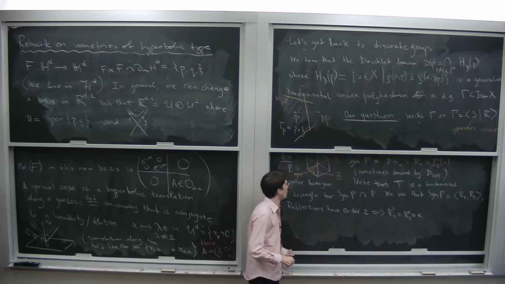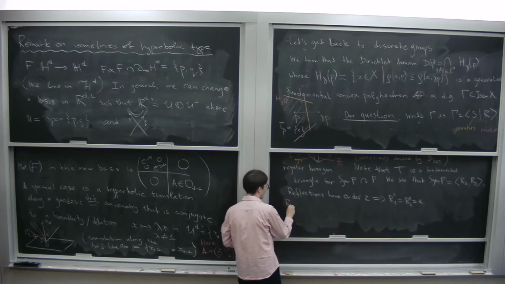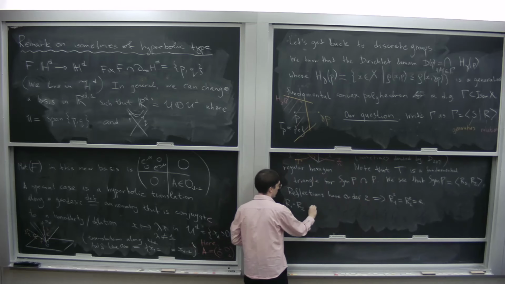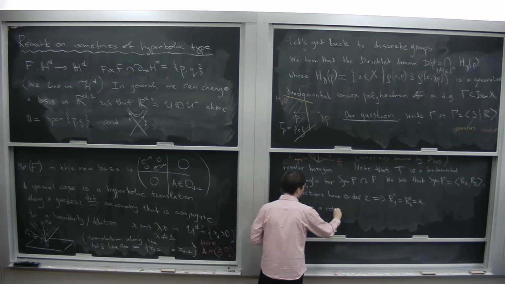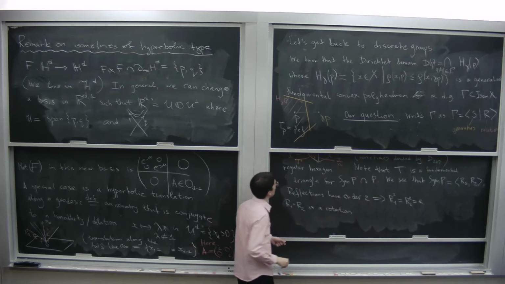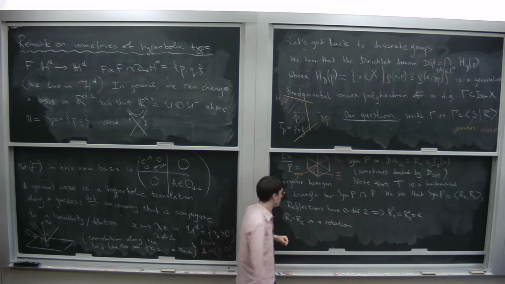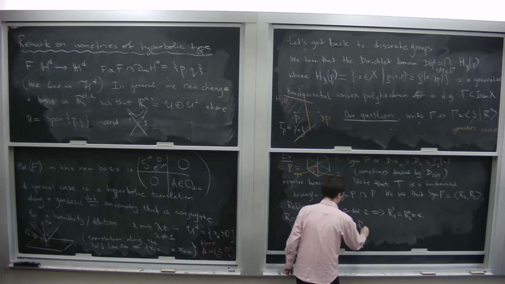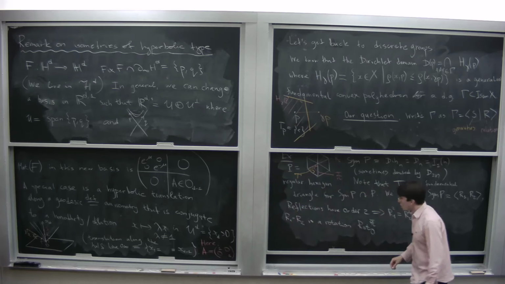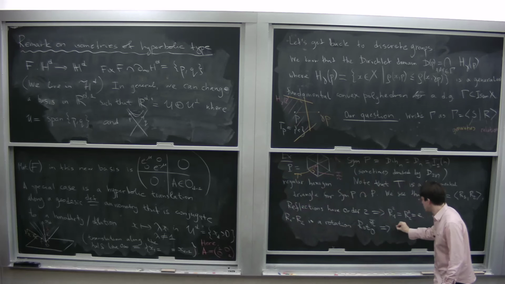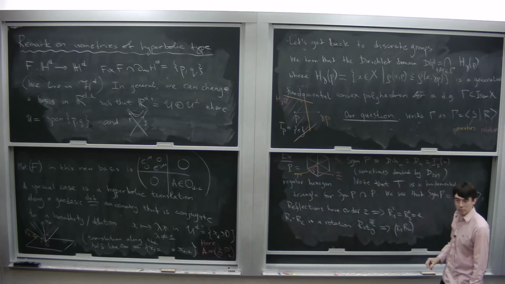On the other hand, the composition R1 composed with R2 is a rotation around the center at angle 2 pi over n, which implies that R1 R2 has order n, right?